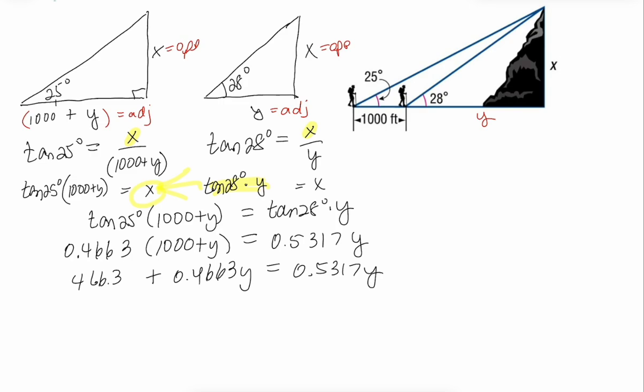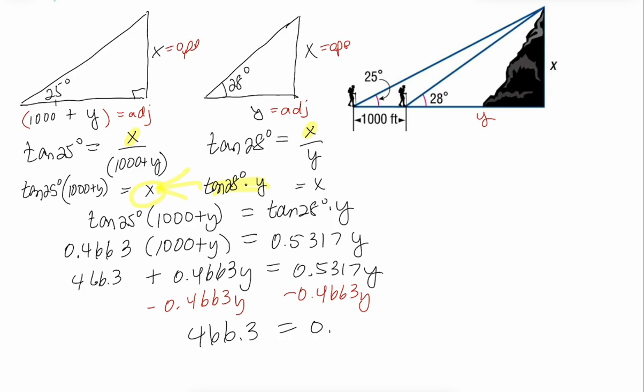Now, it's just an equation. We need the y's to one side and the numbers to the other. So let's subtract off 0.4663y from both sides. 0.5317 minus 0.4663 is, this one. So we would get 466.3 equals 0.